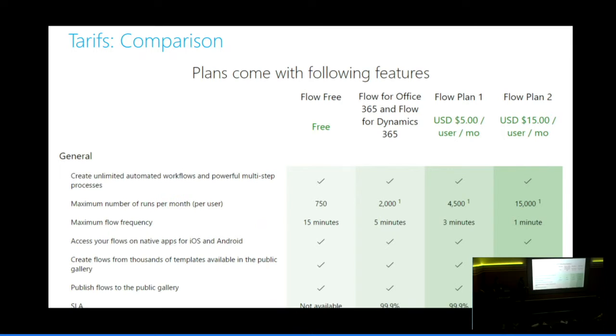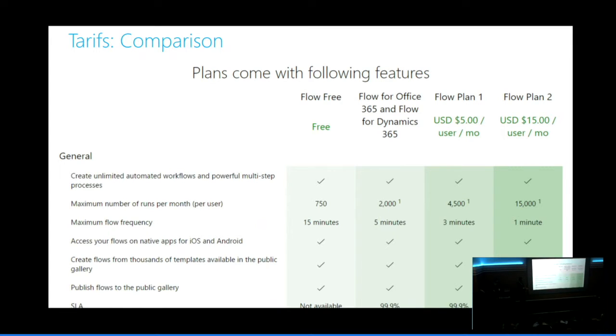So what's basically the difference? The devil is in the detail, of course. For instance, with the free plan, you can only run a maximum of 750 flows per user per month. 2,000 for Office 365, 4,000 for Plan 1, and 50,000 for Plan 2. Also, what's the SLA for the trigger?